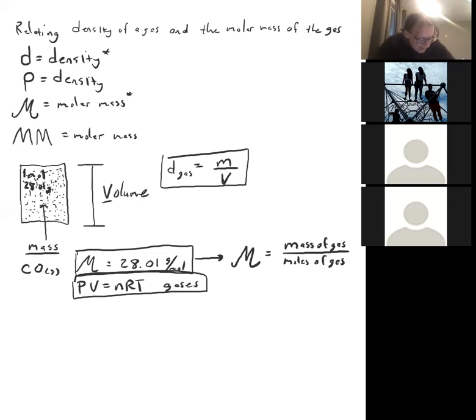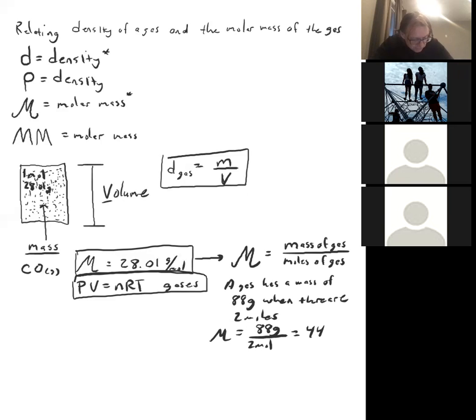So if I said a gas has a mass of 88 grams when there are 2 moles, the molar mass would be the 88 grams divided by the 2 moles. And so that would give you 44 grams per mole. That's really, in a sense, what molar mass is. It's the mass of the substance divided by the number of moles.